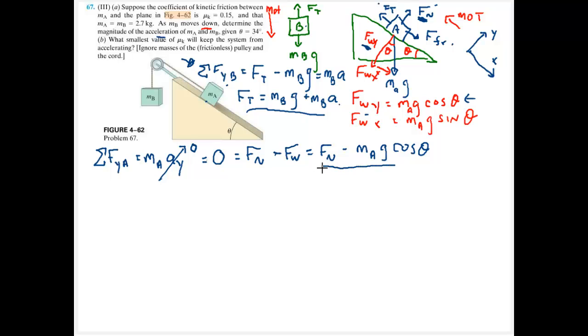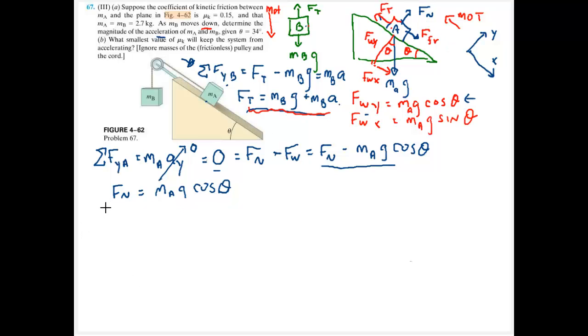Now solve this for the normal force, simply adding mass times gravity times cosine of theta to both sides. I can say the normal force must be equal to mass times gravity times the cosine of theta.